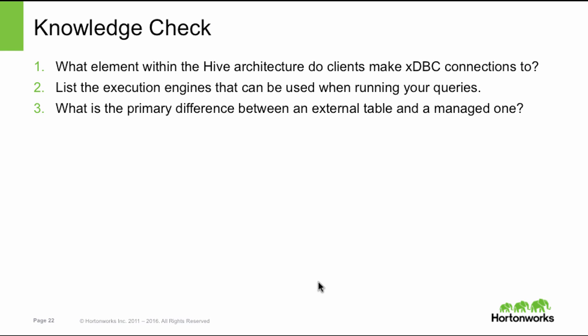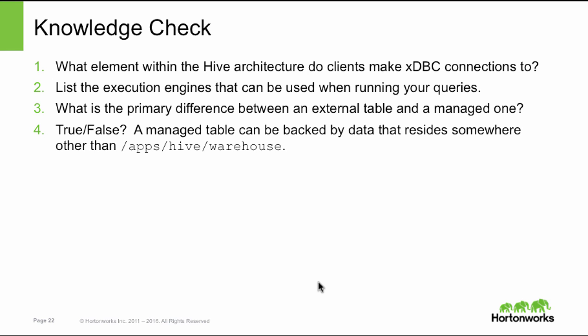And what's the primary difference between an external table and a managed one? I kind of harped on this one a little bit. I think it's really about a managed table, when dropped, will delete the underlying data that it fronts, and an external table will not do that. So just a couple of questions, true or false: a managed table can actually use the LOCATION keyword to put that information somewhere besides the default apps/hive/warehouse.